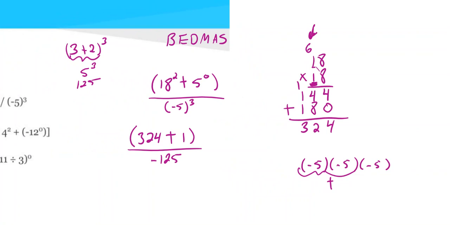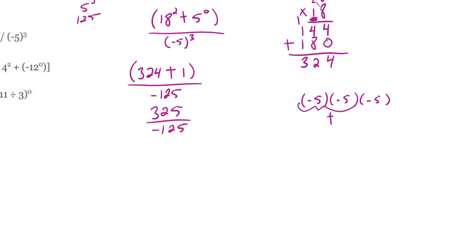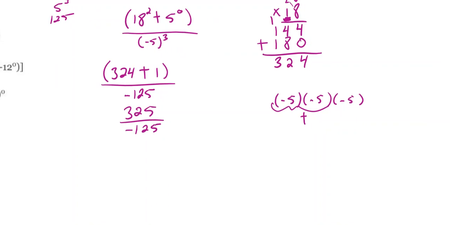All right, moving on. So now we've got 325 divided by negative 125. What are we going to do here? That comes out to a negative. So how are we going to do this?